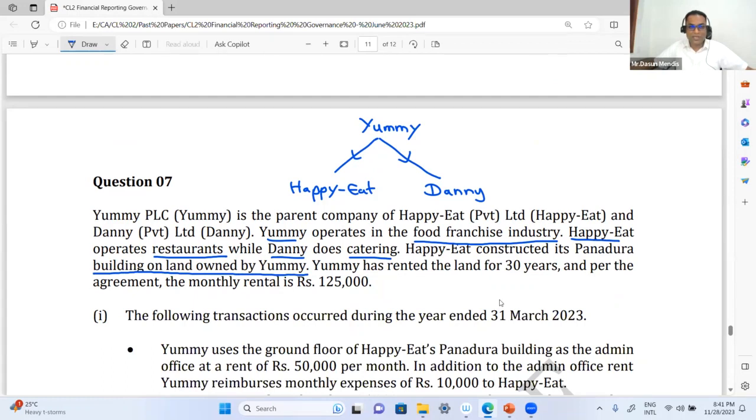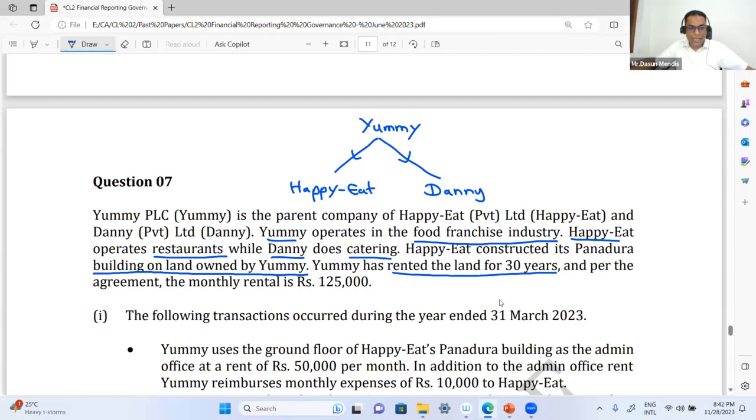This particular company, Happy Eat, constructed a building, and that building was constructed on land belonging to the parent company. Obviously, there should be some kind of rent payment. Let's see. Then Yummo, the parent company, rented the land for 30 years to the subsidiary.